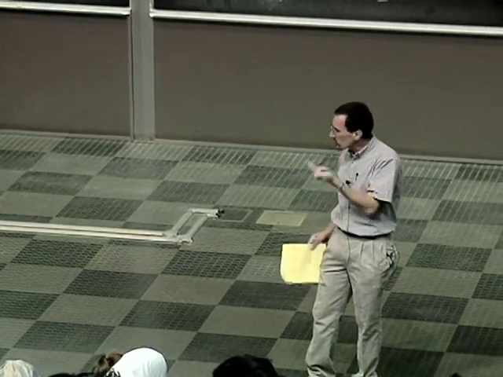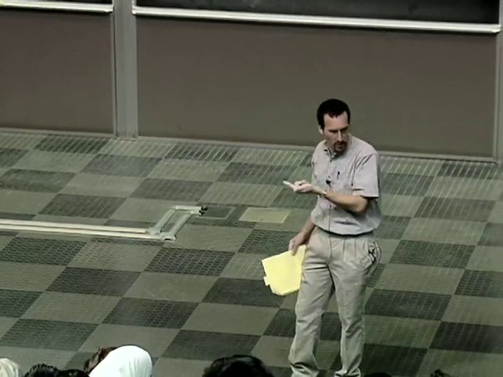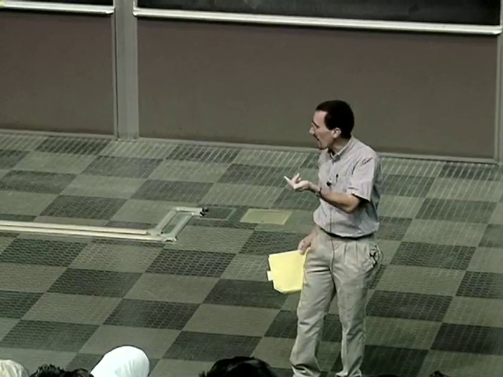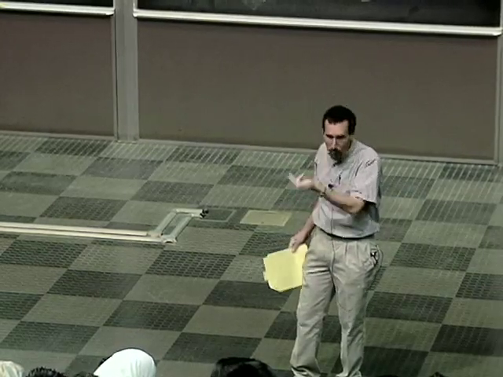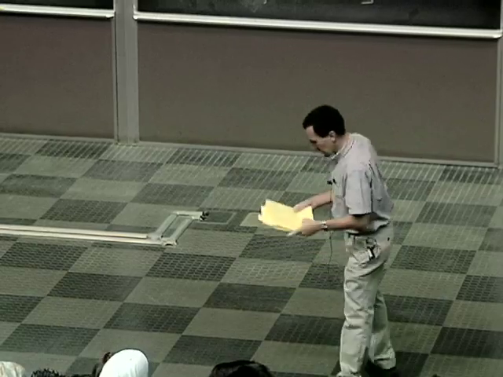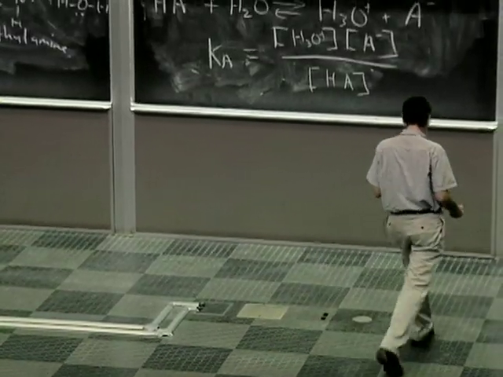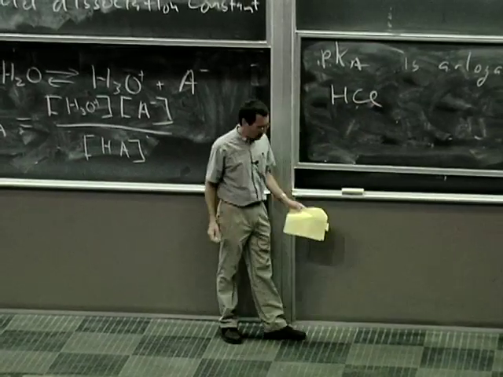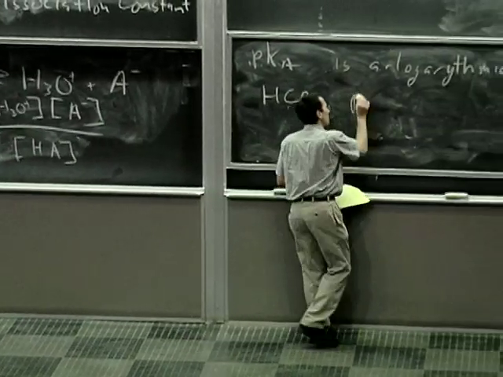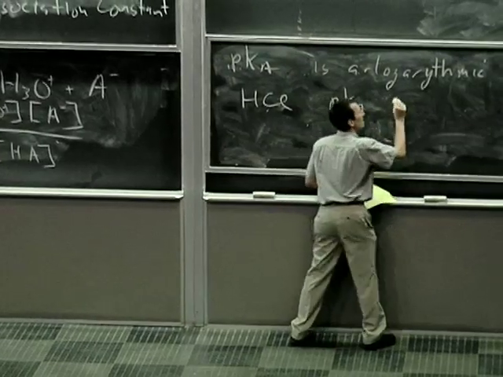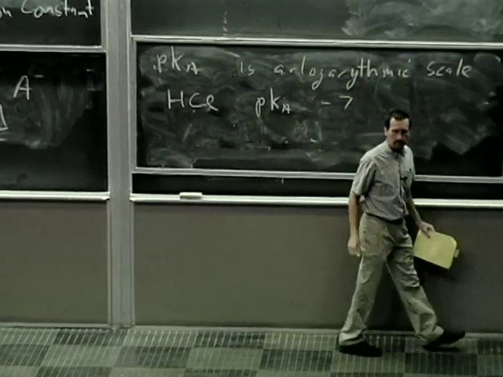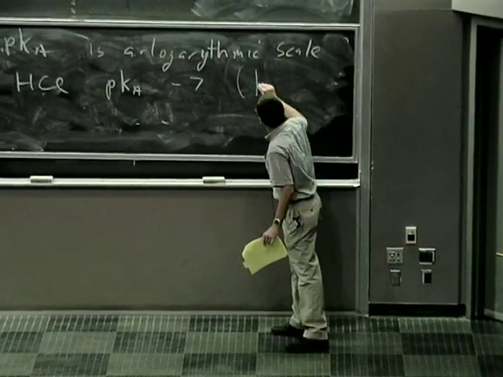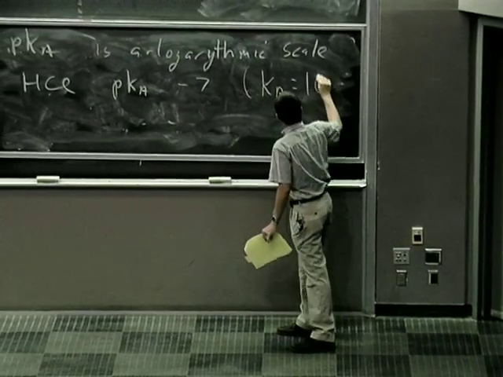A difference of 2 pKa units corresponds to a factor of 100 in acidity constant. So if at one end of the scale we take a look at HCl, a very strong acid, HCl has a pKa of -7. In other words, that means that Ka equals 10 to the 7.